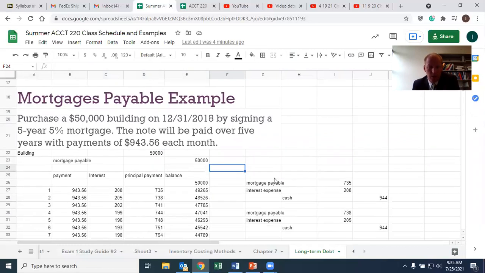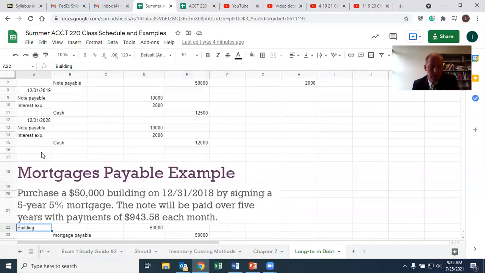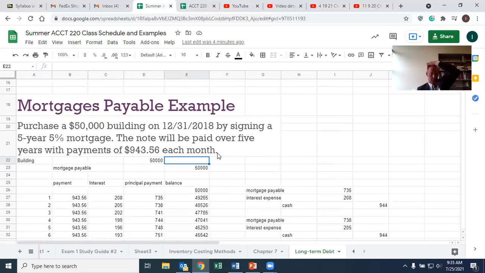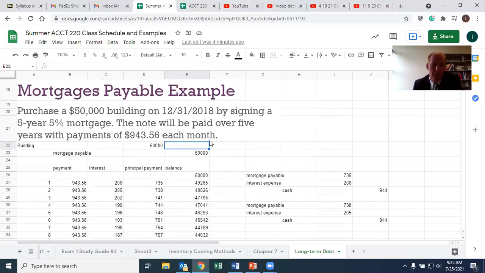And so in order to do this, this first journal entry is the same, right? Here we're receiving a building instead of cash. But other than that, we have an asset, we have a liability, we record the amount, $50,000. Now, oftentimes mortgages are paid monthly.